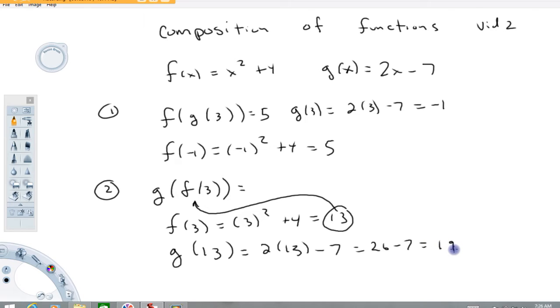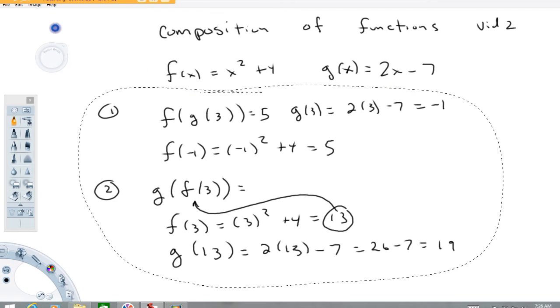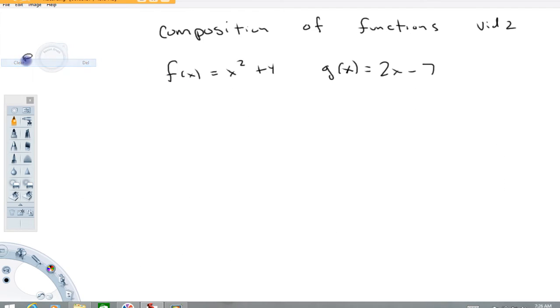All right, so there's the first two examples. Two more on the page. Next example, we're going to do f of g of x.